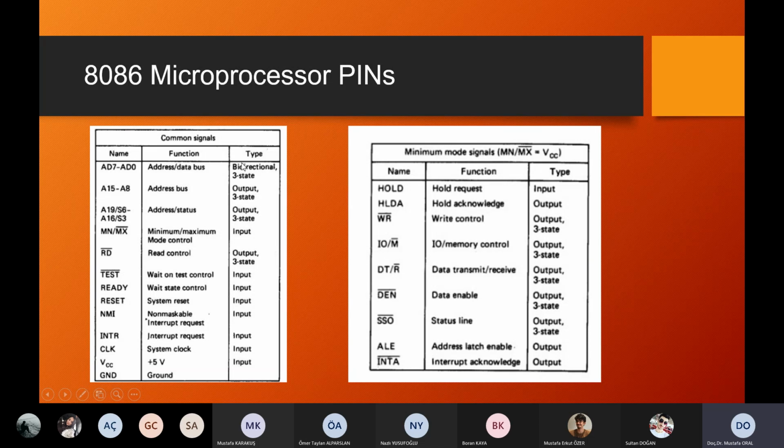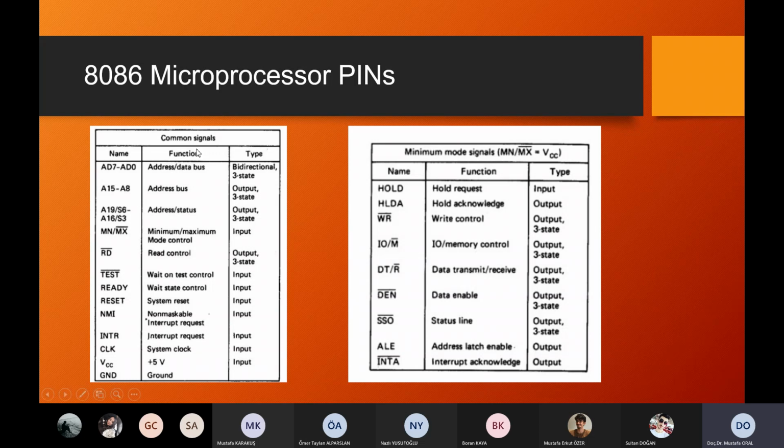Three-state means that if more than one device wants to use the external sources, then the microprocessor has to go into stealth mode, and these outputs and inputs will be in the third state, meaning they are not connected to the lines.